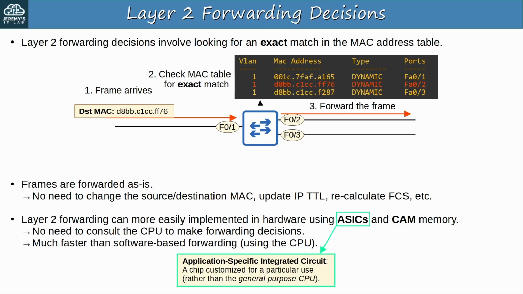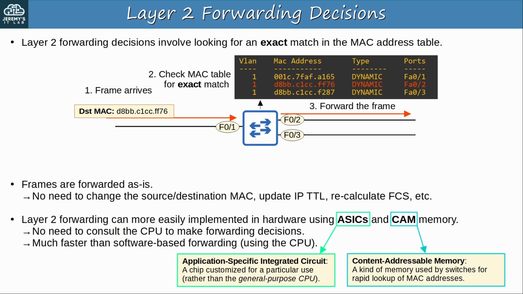By the way, ASIC stands for Application-Specific Integrated Circuit, a chip customized for a particular use, which is different than the general-purpose CPU, which is designed for more general use. And CAM is Content Addressable Memory, a kind of memory used by switches for rapid lookup of MAC addresses. It allows switches to search the MAC address table in an instant to find a matching entry.